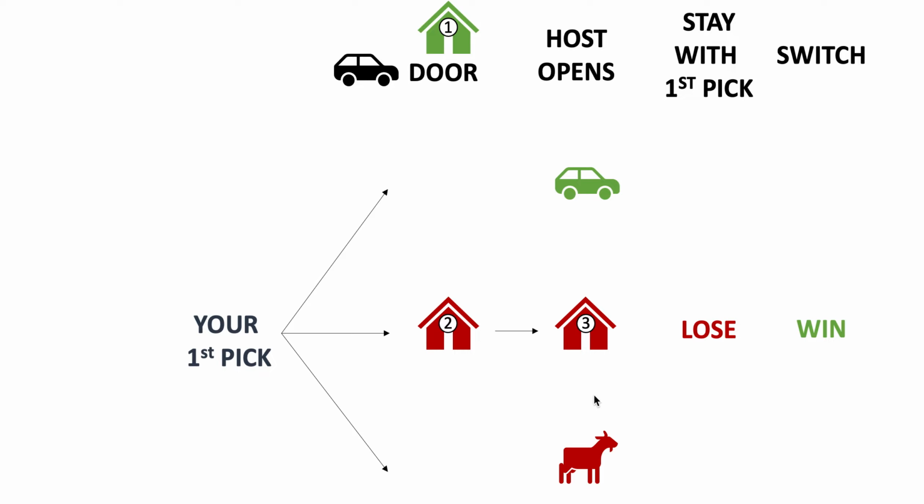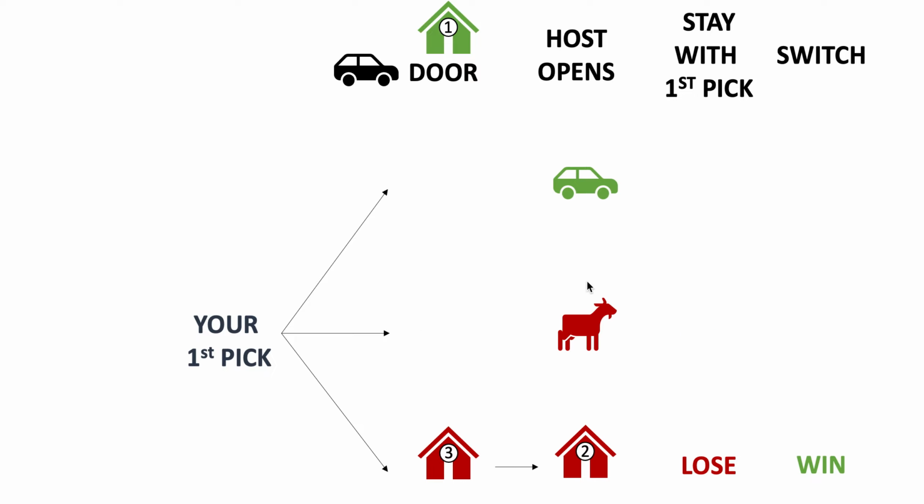So he only has door 3 to open and reveal the goat. Remember, he only reveals a goat door at this stage. So once he reveals a goat behind door 3, you've got an option to either stick with your original door 2 or switch to door 1. In this case, if you switch, you win. If you stay with your original pick, you lose because you originally chose the goat door.